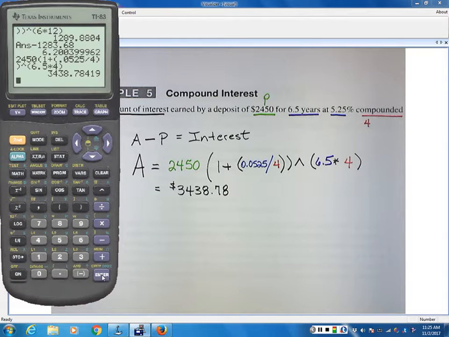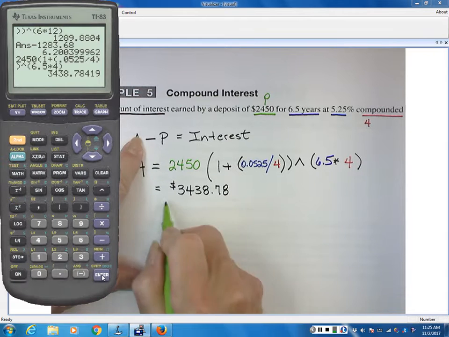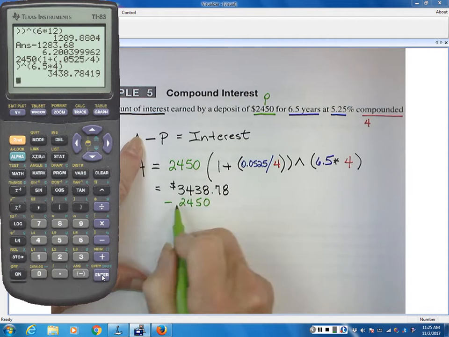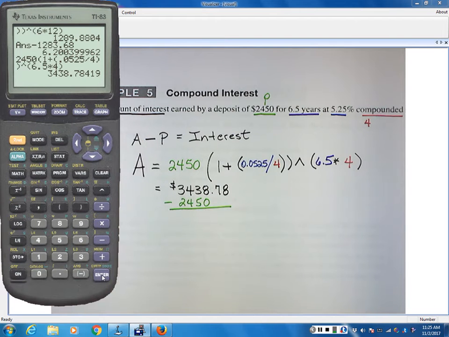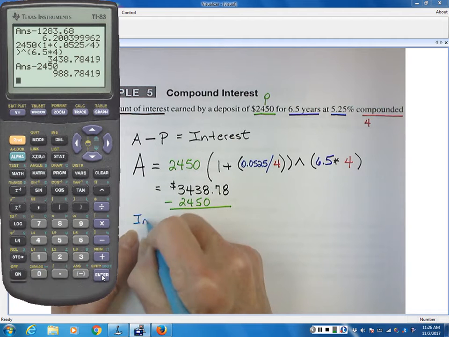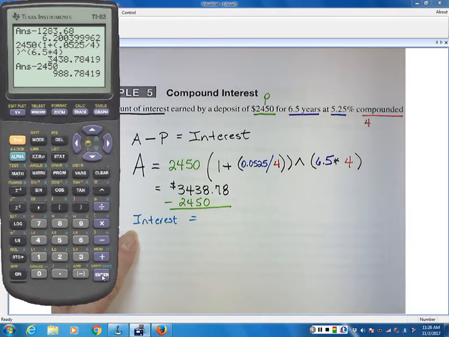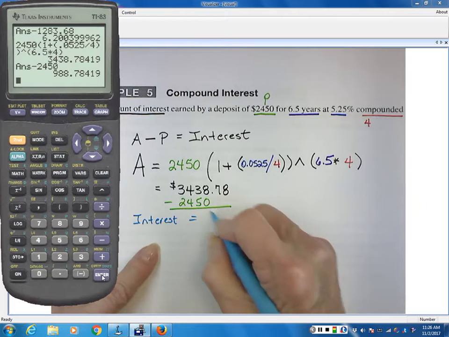And to answer the question about the amount of interest, we'll subtract off the principal. So the amount of interest is actually $988.78.